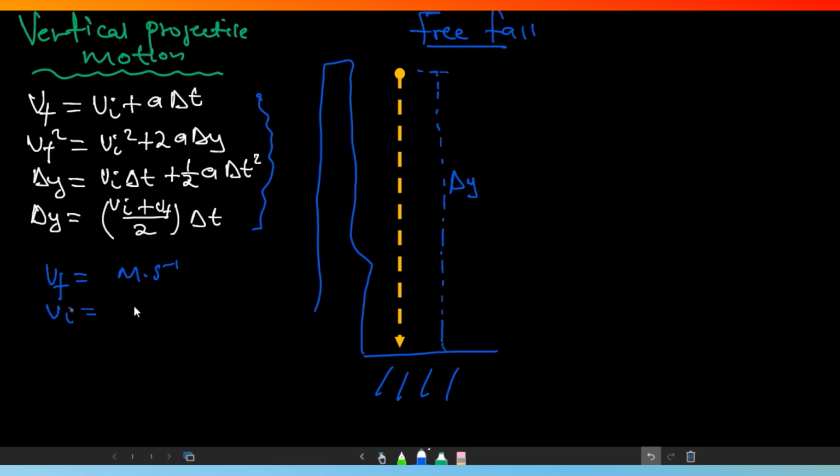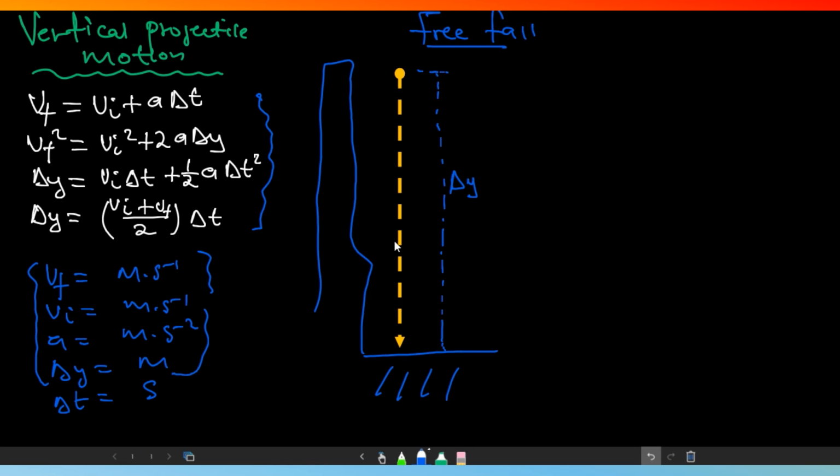Initial velocity is also measured in meters per second. We have acceleration, measured in meters per second squared, displacement, measured in meters, and time, measured in seconds. Since four of these are vectors, they must have a direction and magnitude.